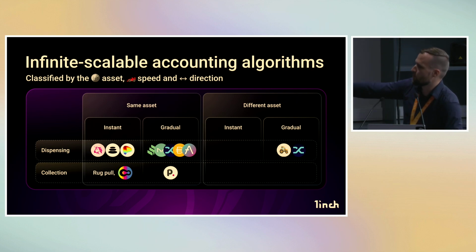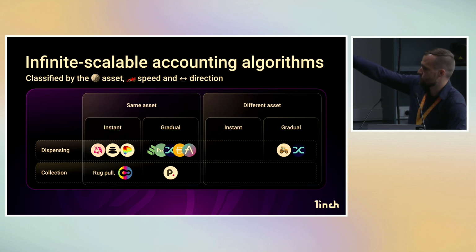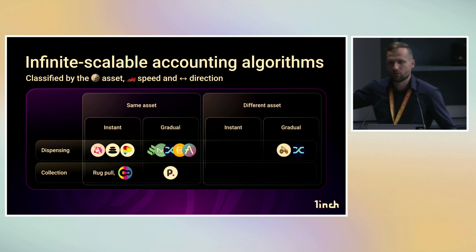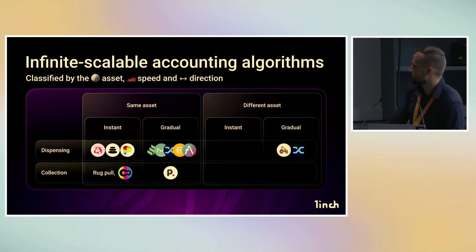And you can see that the different asset instant case is not really popular among different projects, but I'm not sure that I have all DeFi projects here. For sure, I can't be aware of every project, but these are the most popular. So if you have projects which are not here but should be here, let me know. I will add them for the next time I have a similar presentation.